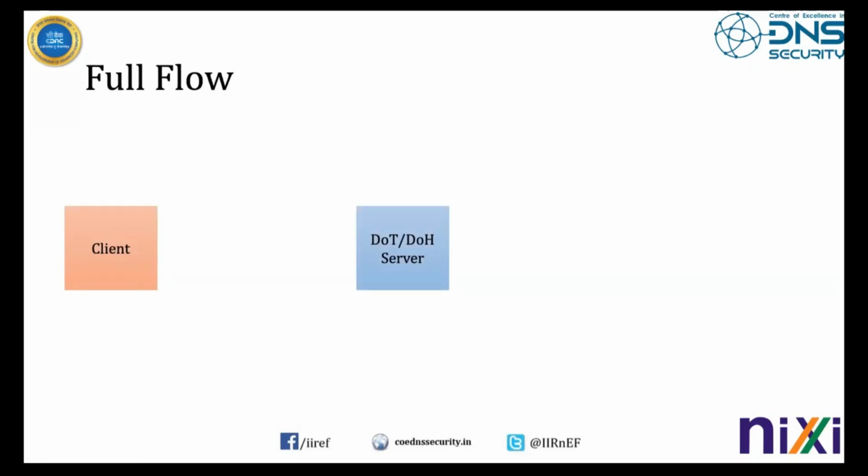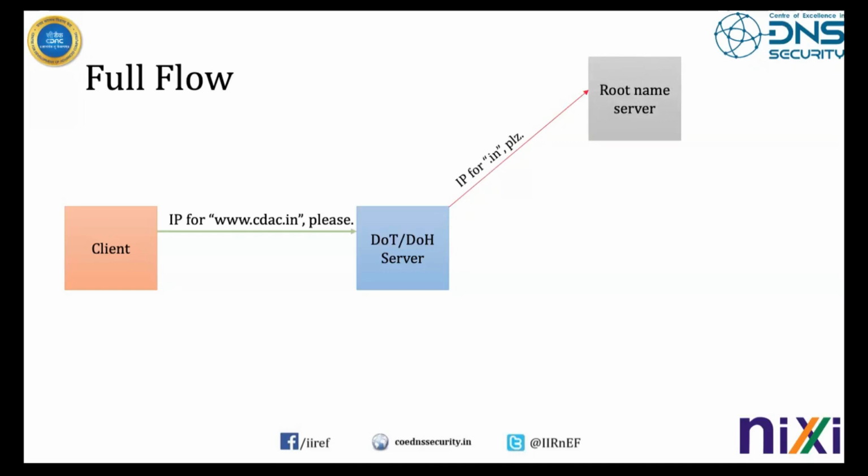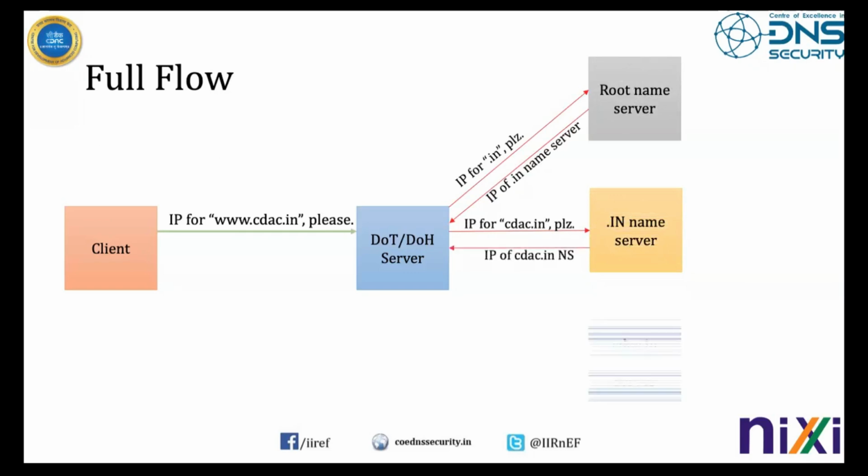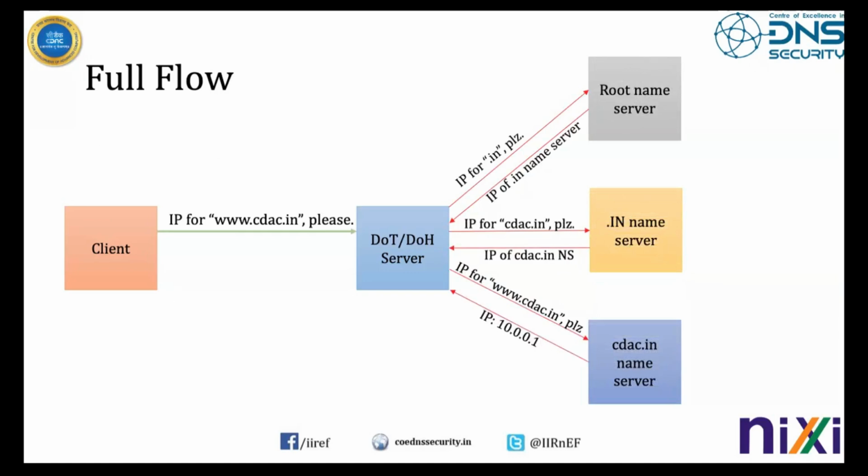So how does it work? There is a DoT or DoH server, and we ask it for the IP. In the backend, it will connect to the root server, then the next .in server, and finally the authoritative server for C-DAC.in, and whatever response it gets from the C-DAC.in name server, it will return to the client.